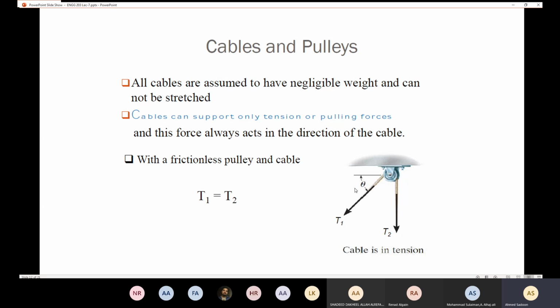The angle, if it's 30 or 60, is not going to change the value between T1 and T2. So if I have pulleys, then T1 is going to equal T2. It's a very important concept. Sometimes we put tricks like that, and the student may misunderstand the problem.